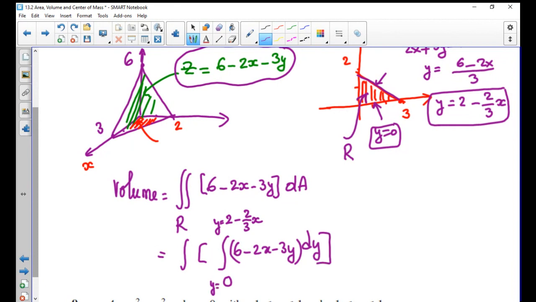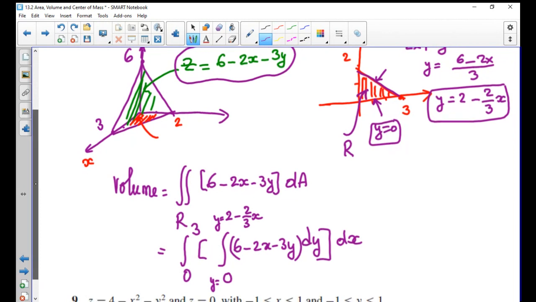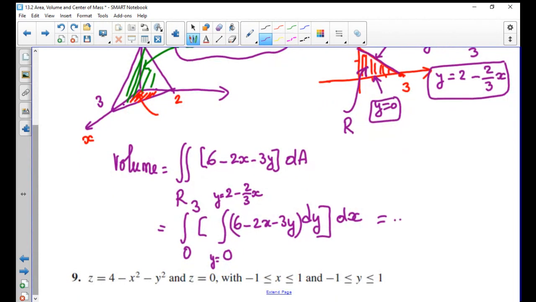And then the answer, I will integrate it with respect to x from 0 to 3. That's it. After that, I will leave you the rest to continue.